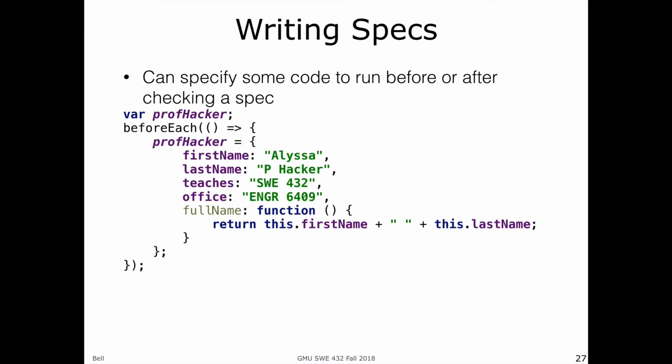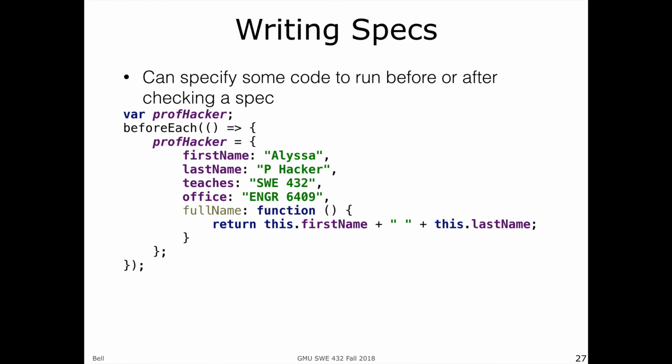We can also specify some code that's going to run before or after checking a spec. So in this case, we might define as some sort of global for our test the prof hacker variable, and then tell jest that before each test runs, we'd like it to run this function here.